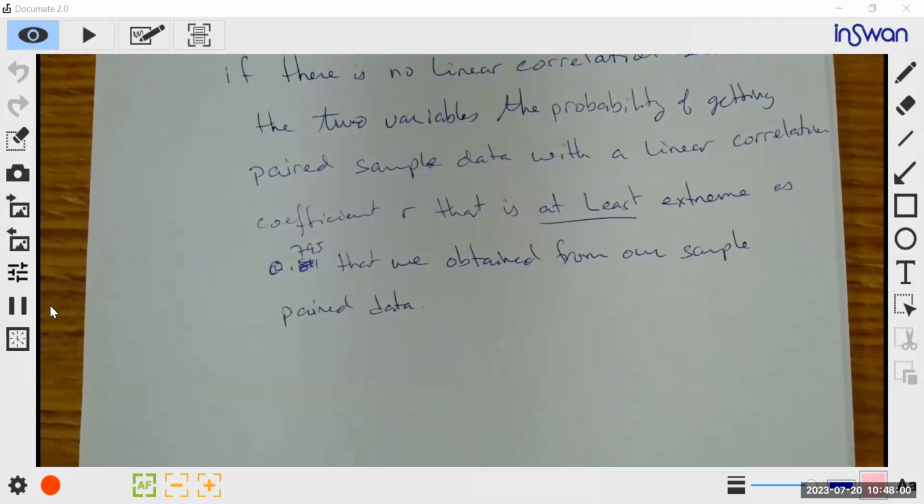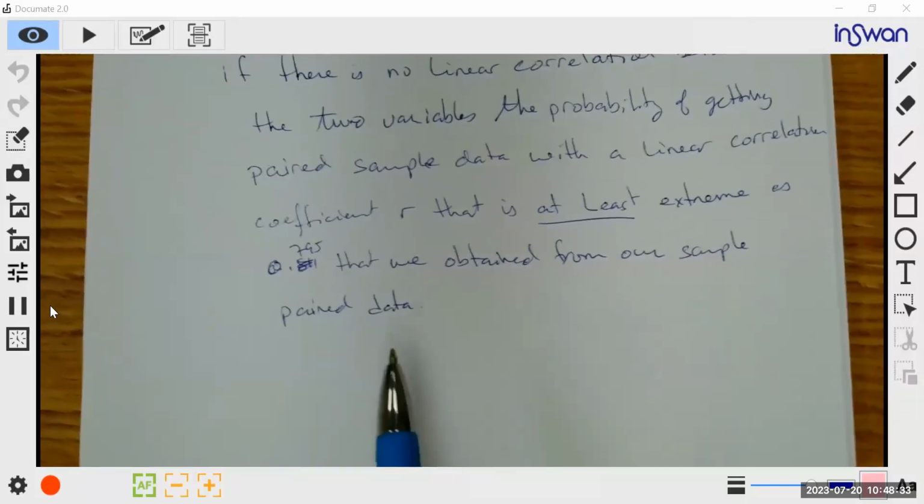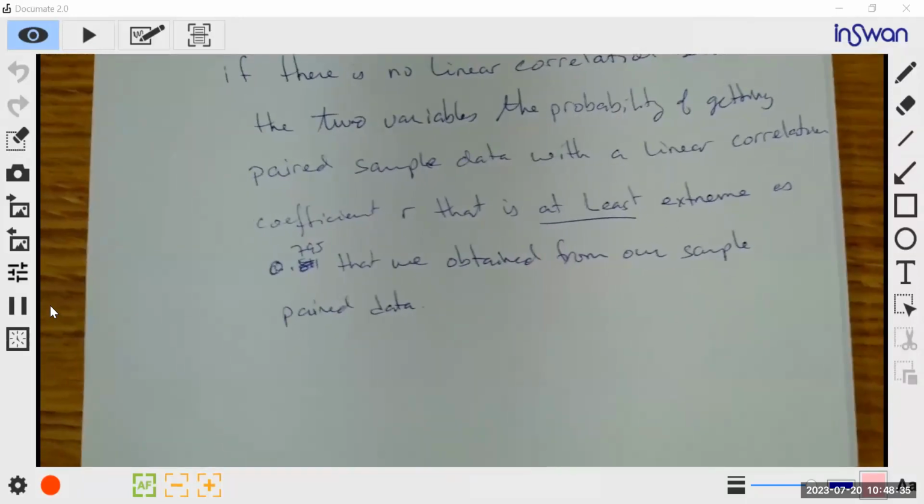So if there's no linear correlation between the two variables, the probability of getting paired sample data with a linear correlation coefficient R that is at least as extreme as, in other words, at least as great as, that obtained from our sample data, that's what the p-value is all about. So that's what the p-value tells us.